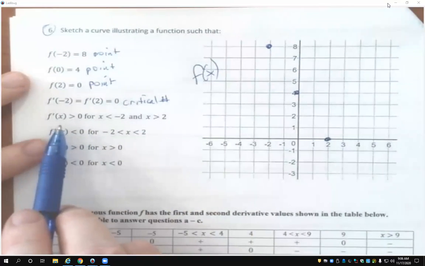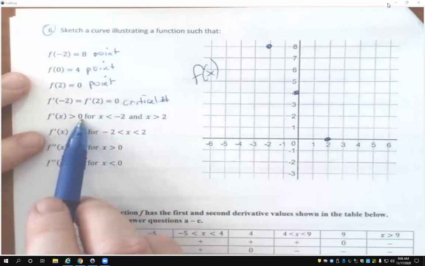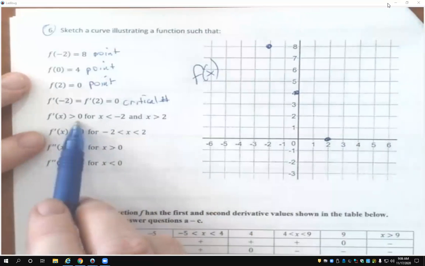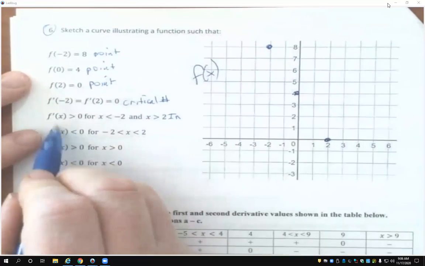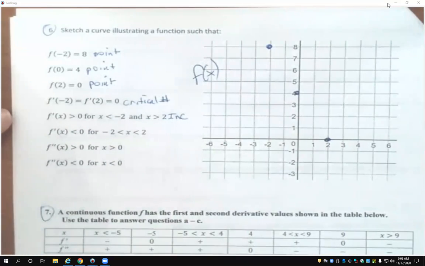All right, now look right here. It says f prime is greater than 0 when x is less than -2, and it's greater than 0 when x is greater than 2. What this is telling me is I'm increasing, right? When f prime is positive, f is increasing. Okay, we're not there yet. We're just dissecting the information.